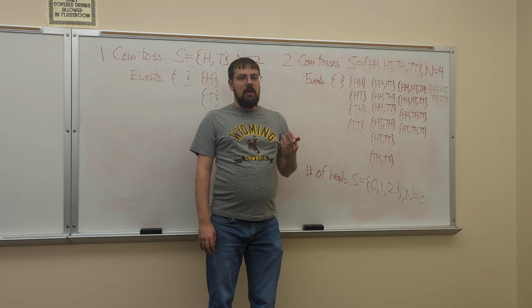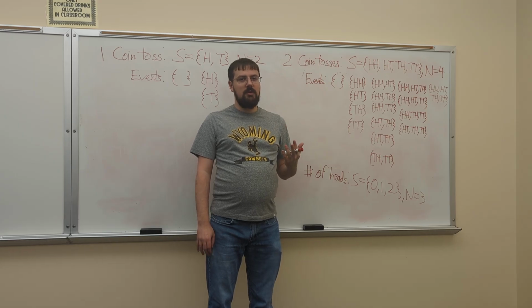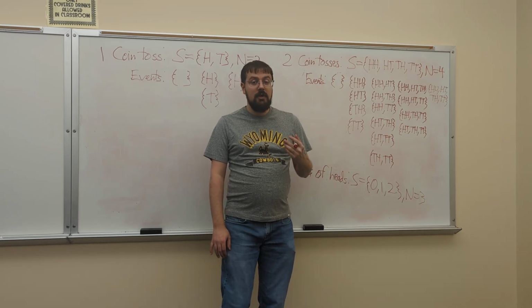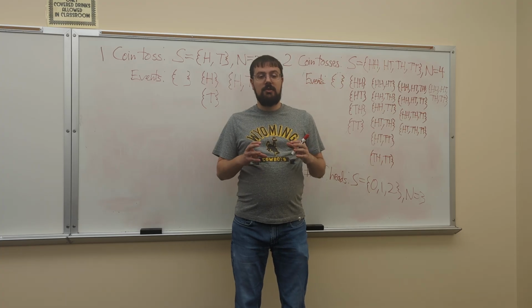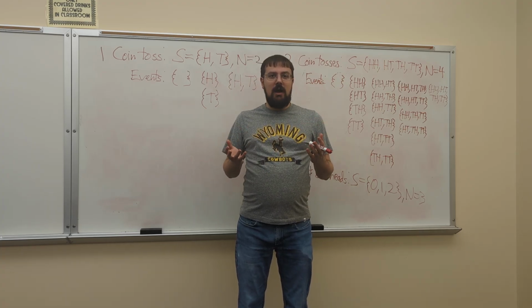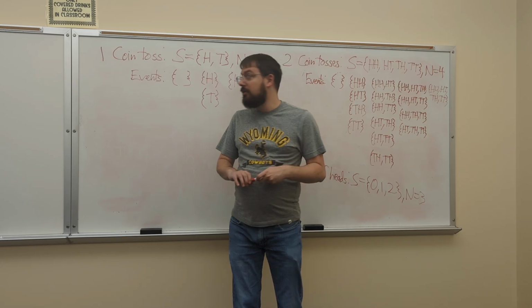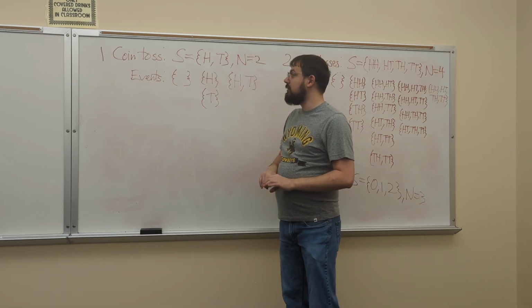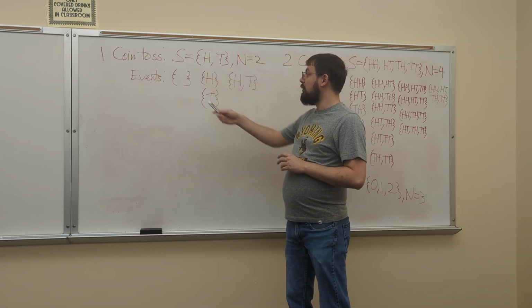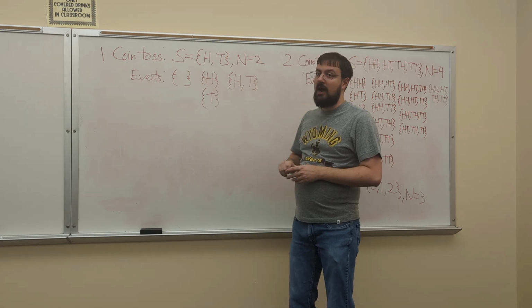When we're dealing with sample spaces, we have something that we call events. Now, events are basically just an outcome or set of outcomes within our sample space. So if we look at the scenario of a single coin toss, we have 4 different events that we can have.